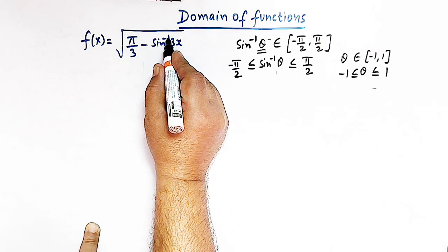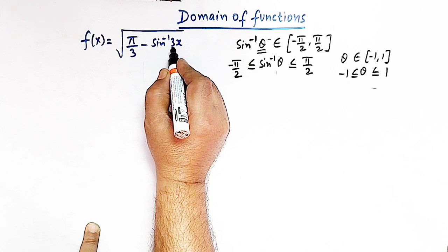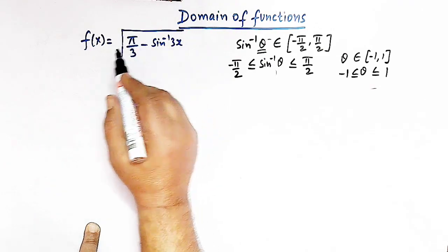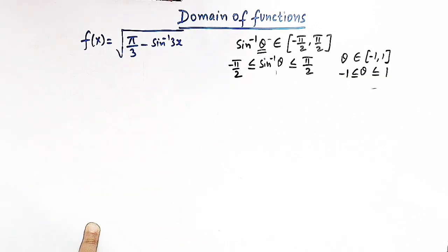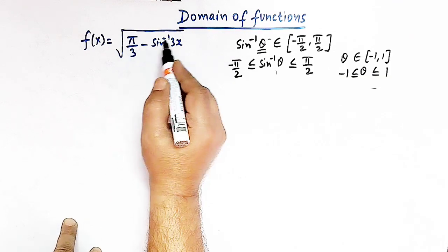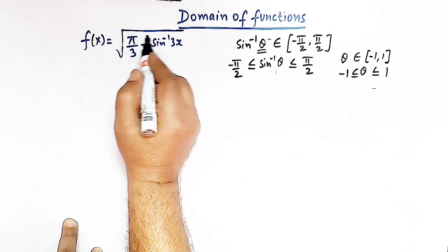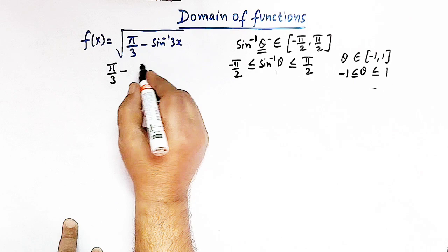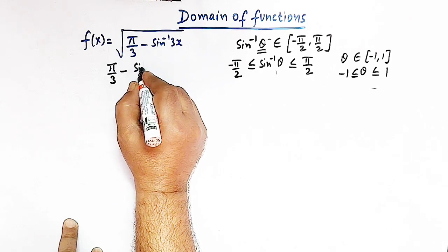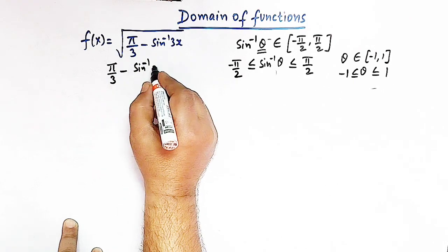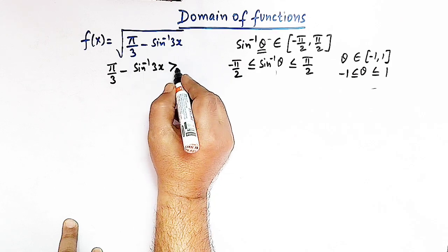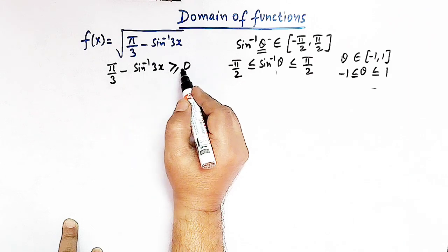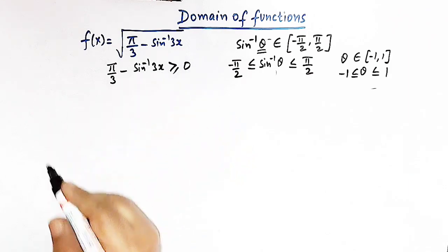Here we have a sine inverse 3x, and we have the square root sign. In order to get the domain of this function, the first condition is that the quantity under the square root sign must be greater than or equal to 0. That is, pi over 3 minus sine inverse 3x should be greater than or equal to 0, or in other words, this quantity must be positive or 0.